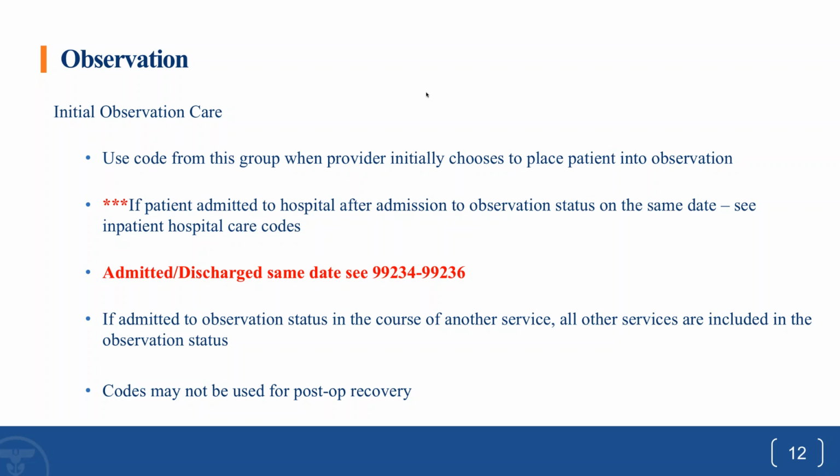It's after admission, like day 2, day 3. That's called subsequent hospital care. And subsequent hospital care also has levels 1 through 3, as you can see there. We just need to know what those key components are. Turn to page 18.